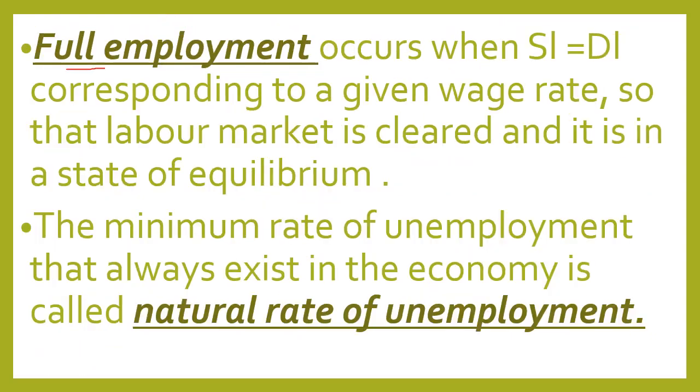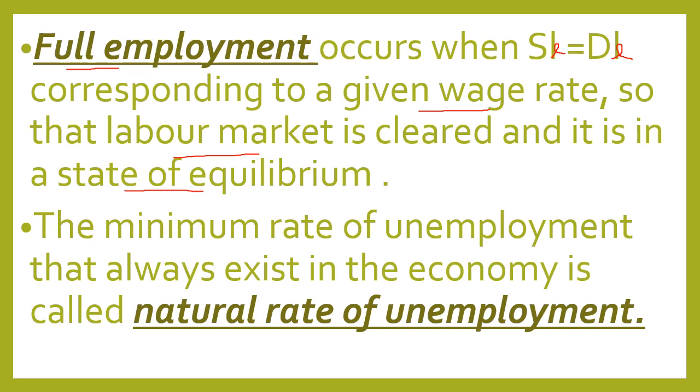Full employment occurs when supply of labor is equal to demand of labor corresponding to a given wage rate, so that labor market is cleared and it is in a state of equilibrium. Or we can say it is a situation when all those people who are willing to work and are able to work are getting work at a given wage rate.